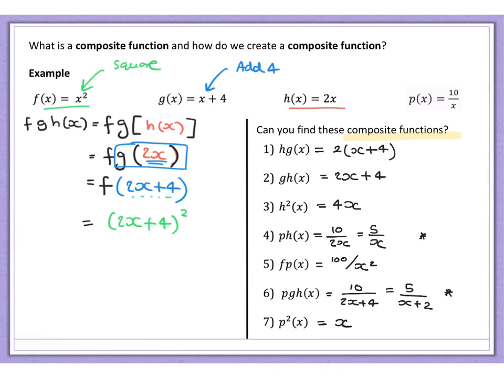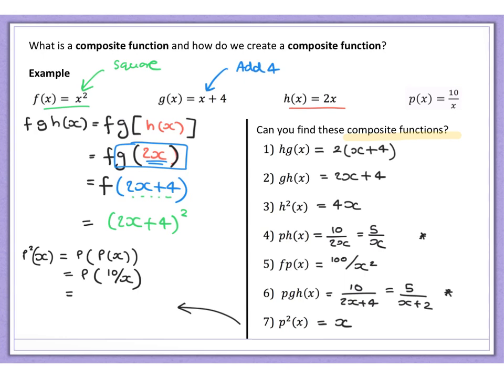And just a quick word about question 7. We start off by applying the function p, which gives us 10 over x. And then we have to apply p to this again, which means 10 divided by the input.